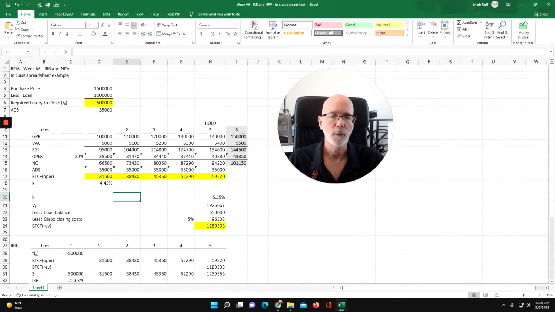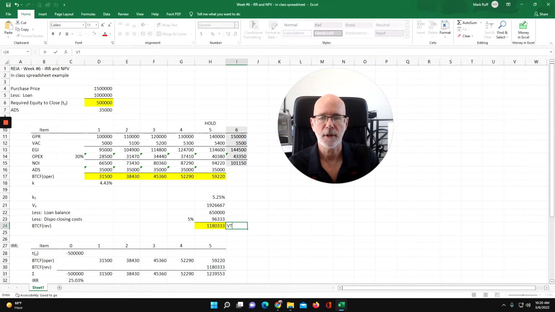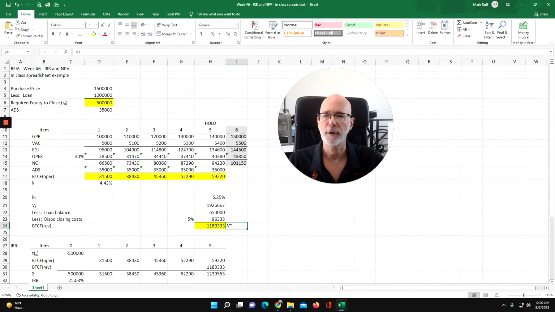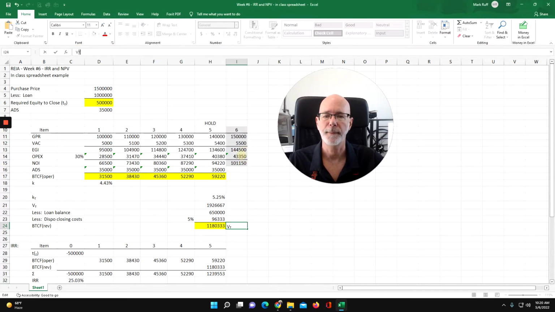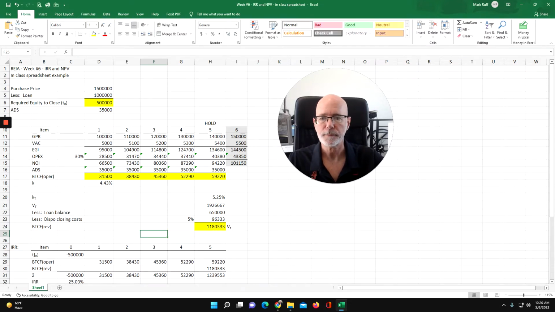So we have 3 buckets: T sub 0, before tax cash flow from operations during the hold, and our disposition. This is going to be essentially V sub T, and I'll format that for you here just so you know. We're going to go to font and just simply do a subscript. So that's our terminal value when we sell the deal. First bucket, second bucket, third and final bucket.